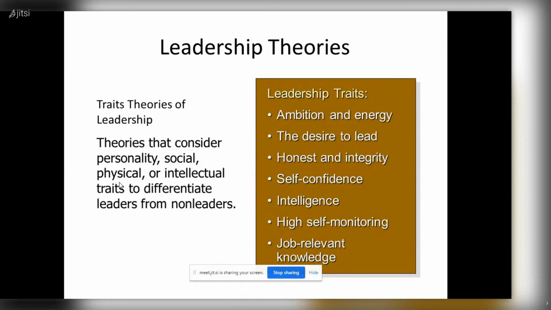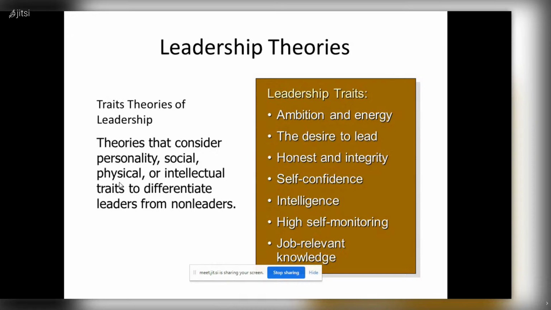One is the drive. Leaders exhibit a high effort level, they have a relatively high desire for achievement, they are ambitious, they have a lot of energy, they are tirelessly persistent in their activities, and they show initiative.